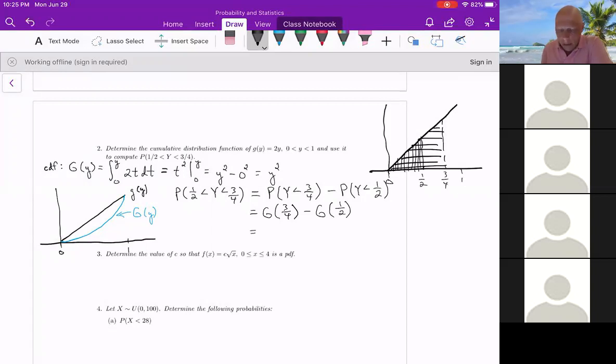And we know that capital G is y squared, which means this is 9/16 minus 1/2 squared, which is 1/4. And so that 1/4 is 4/16, which means we have 5/16 as the area in the middle of that region.